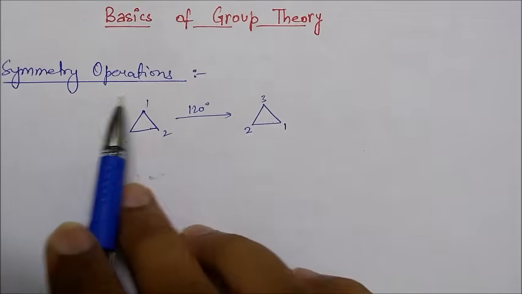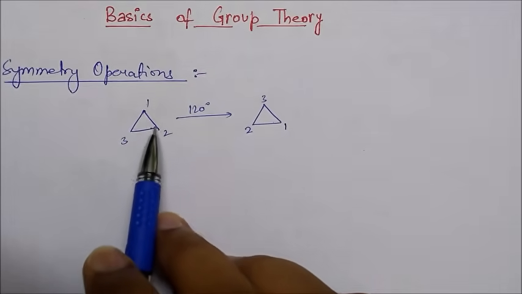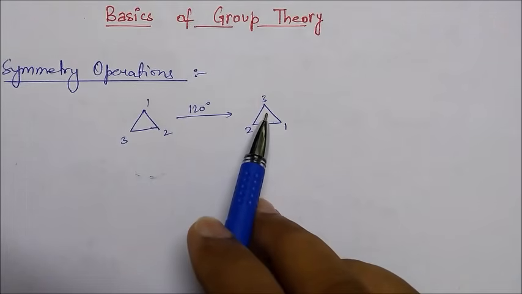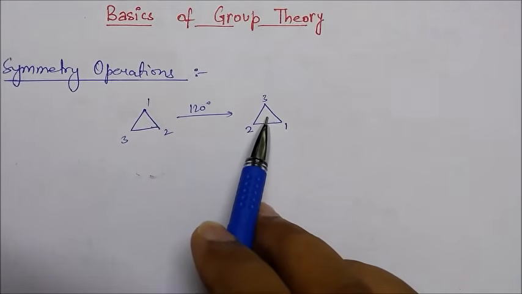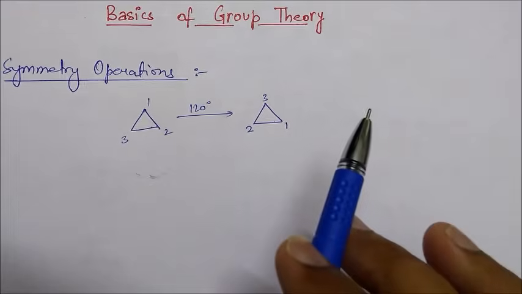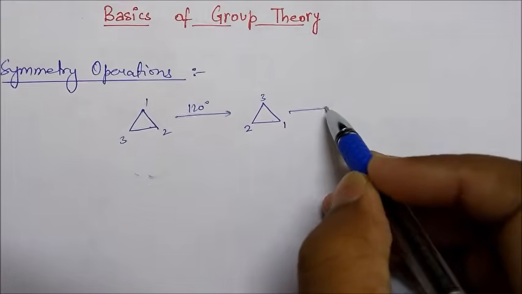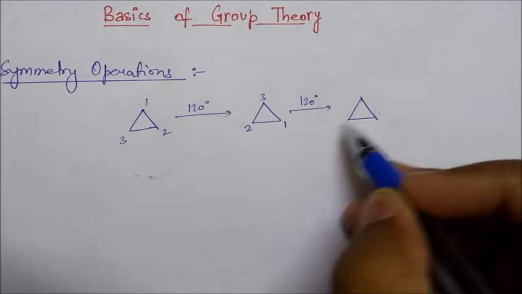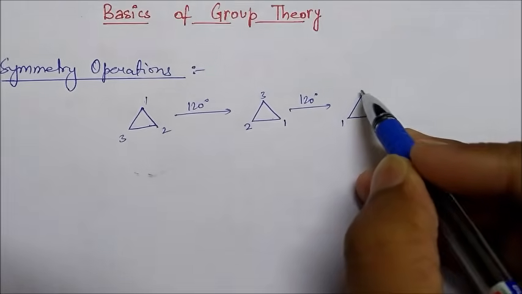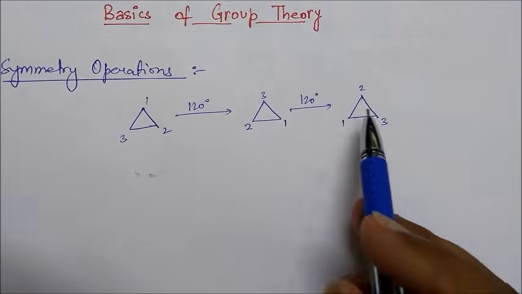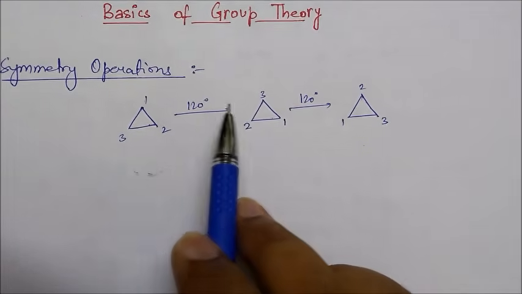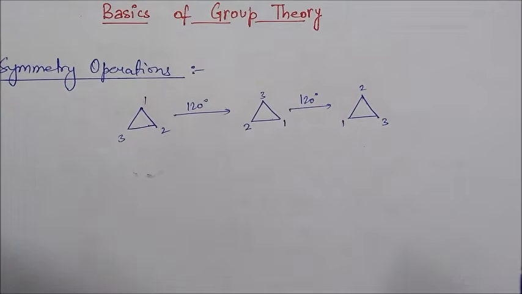If you do a 120-degree rotation clockwise again, you again get the same triangle with only the positions changed. And if you do it once more, it returns to how it was originally. These are all called symmetry operations.